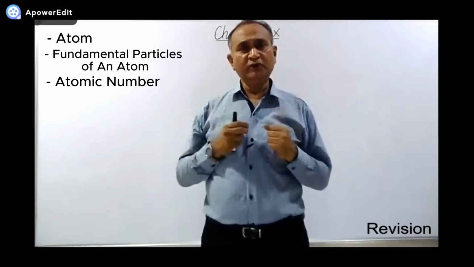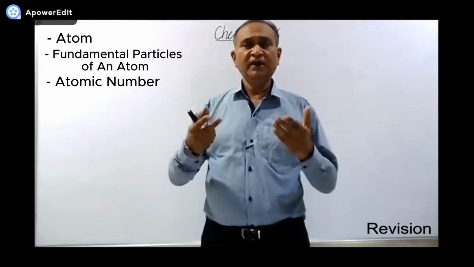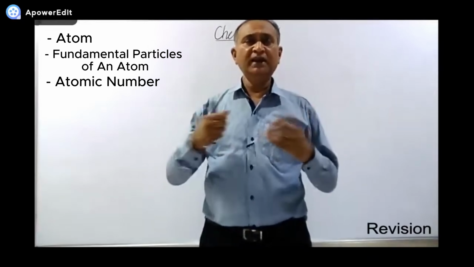If it's 2 protons, its name will be helium. 3 protons, lithium. 4, beryllium. 5, boron. 6, if an atom has 6 protons, we call it carbon. If an atom has 7 protons, we call it nitrogen.